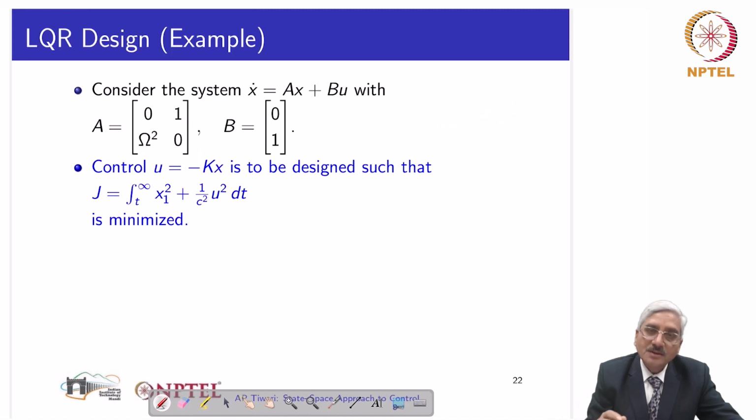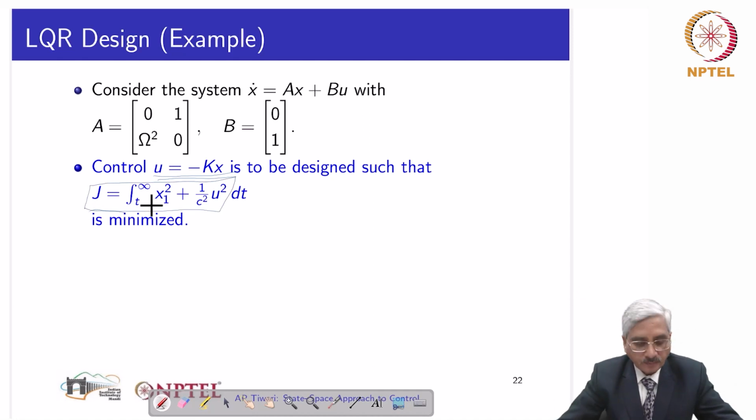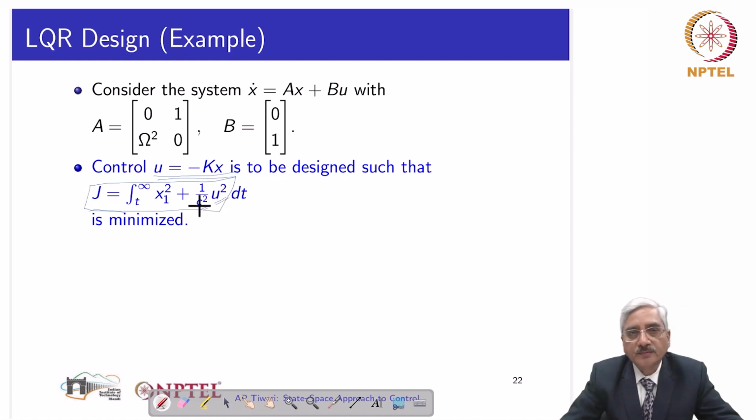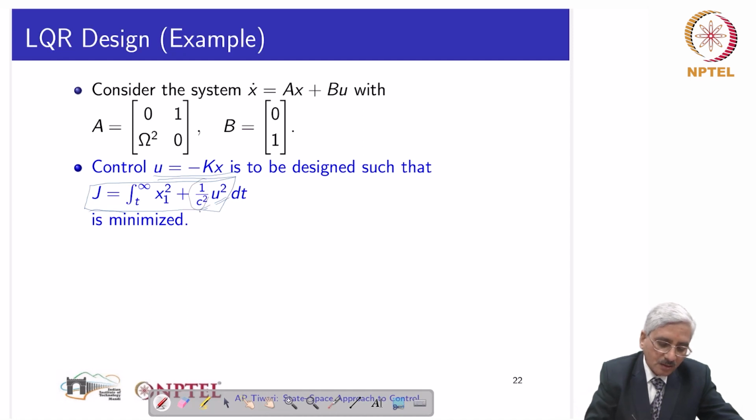So what we do is, we have to obtain a control u equal to minus Kx such that we minimize this performance integral: x1 square plus u square divided by c square. 1 by c square is the weight to the input, and of course the weight to the state is only on x1.